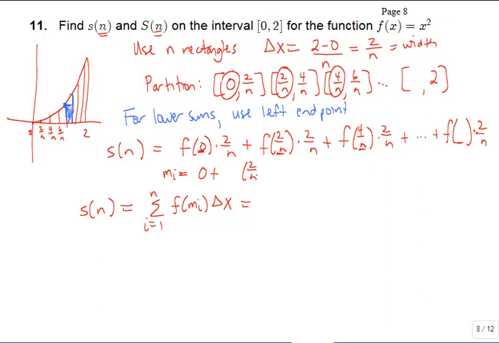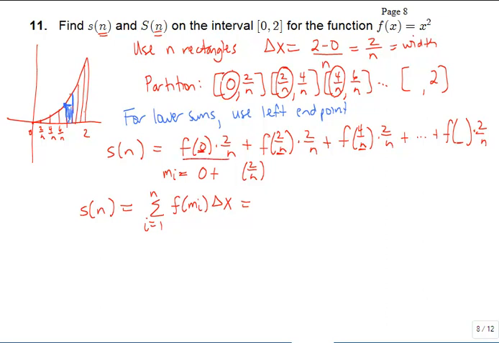And these widths are 2 over n. Now, how many of those widths do I want to add so that I generate the correct one for the rectangle that I'm looking at? Now, the left endpoints I actually think are harder to come up with this formula than the right endpoints, and we'll see that in a moment. But think about this for a minute.